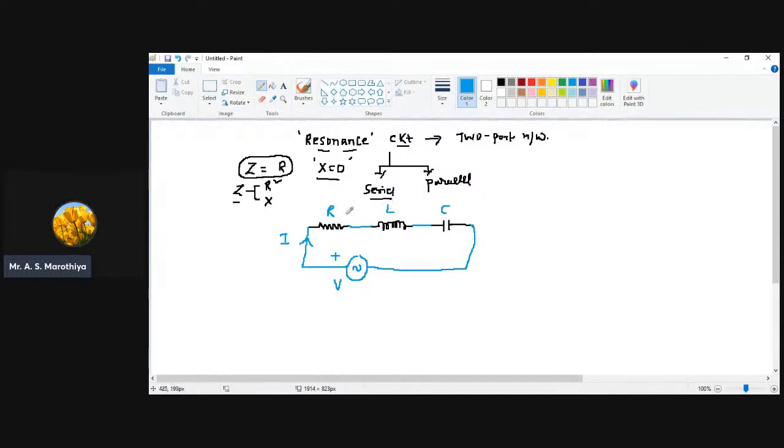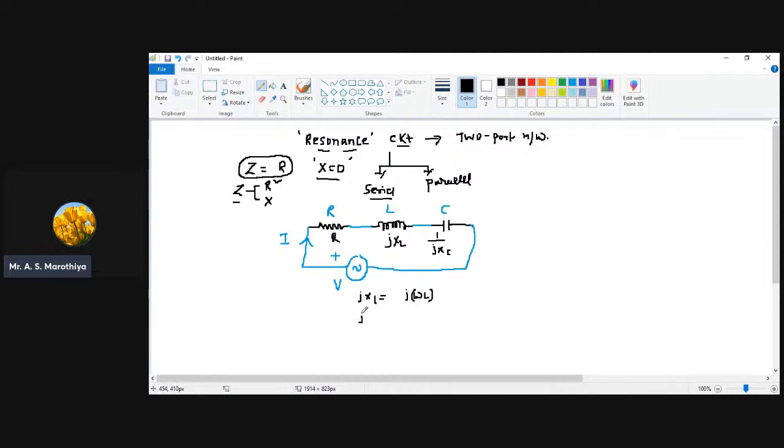Now let's try to find out what will be the effective impedance of this particular circuit. So the effective impedance of the circuit is nothing but, I can rewrite this equation in terms of the j operator. So R will remain R, but here this is going to be jXL, and this is going to be 1 upon jXC. I can write jXL as j omega L, where XL is nothing but omega into L. This is very important.